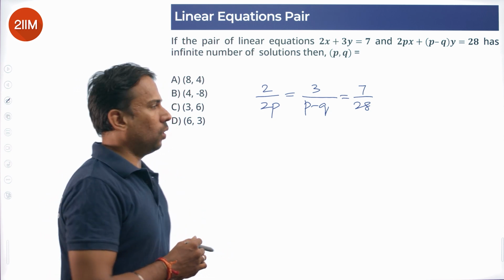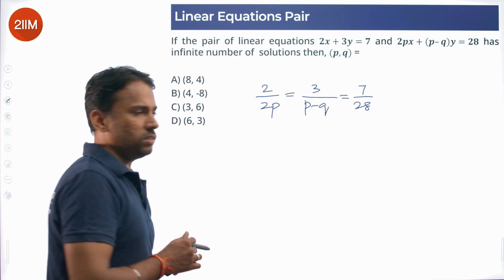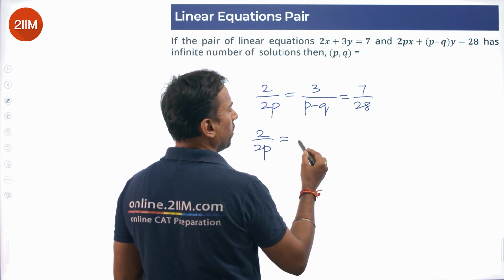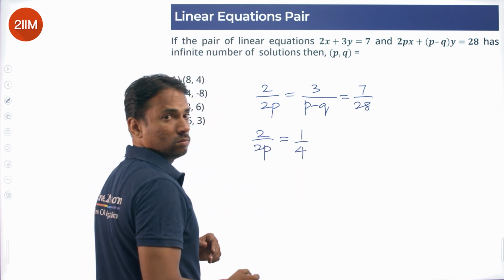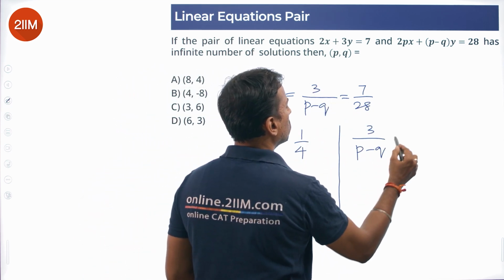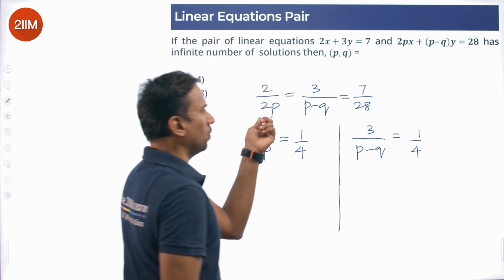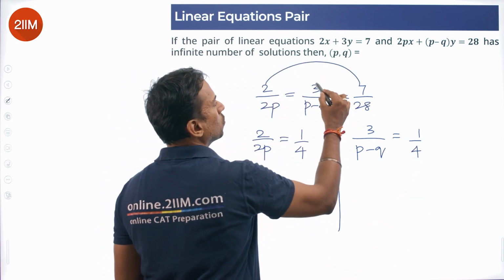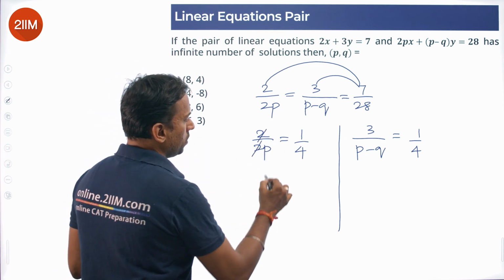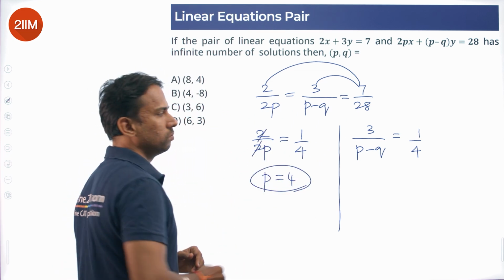So we can now separate them as two different equations. We'll take 2 by 2p is equal to 7 by 28, which becomes 1 by 4. And individually 3 by p minus q is again equal to 1 by 4. So I'm individually equating this with this with this. From here I will get p is equal to 4, simple.